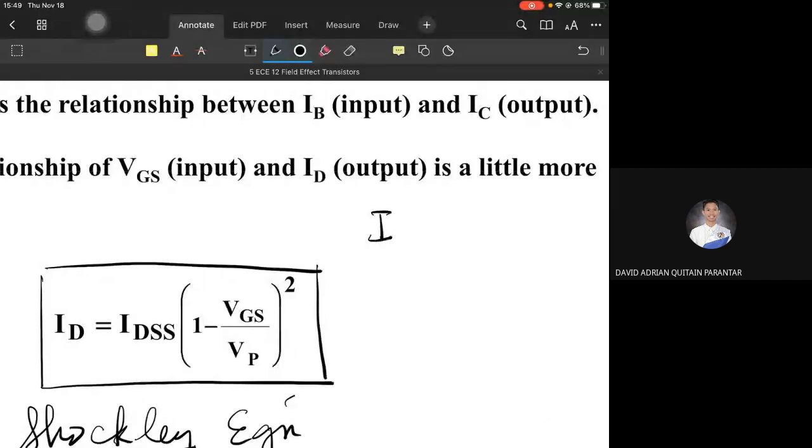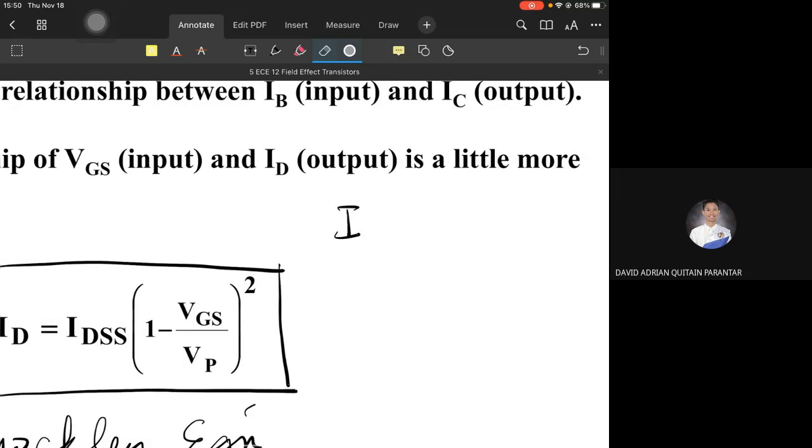Remember that one of the characteristics of the JFET is the device characteristic, not the amplifier characteristic: Zi is equal to infinity, or it has a very high input impedance. One effect is that the input impedance of the JFET amplifier is also large.